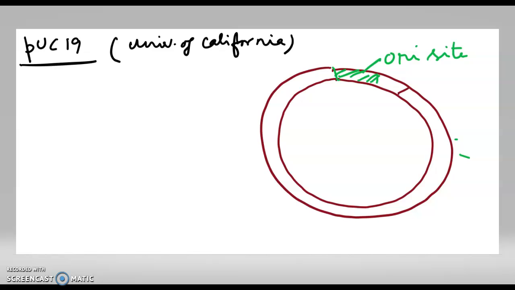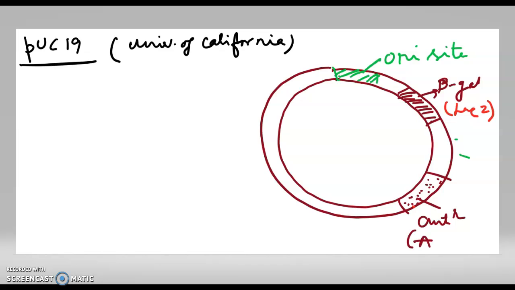Then a selectable marker is present, that is beta-gal, or another term we use for it is the lacZ gene. Then, like pBR322, it also has another selectable marker, the antibiotic resistance gene, ampicillin resistance.